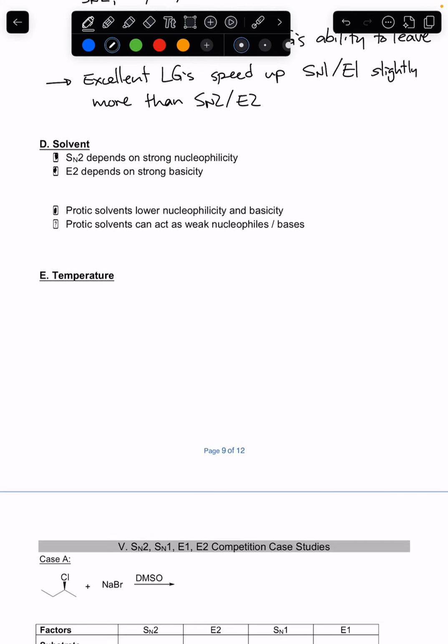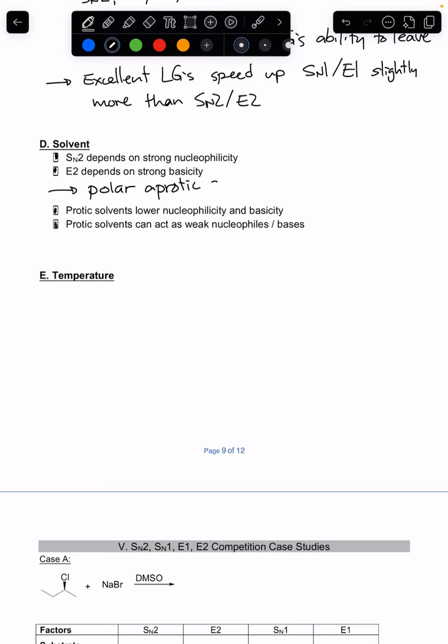There are some solvents that would be good for SN2 and E2, and some that would be good for SN1 and E1. Remember that SN2 really depends on the strong nucleophilicity of the nucleophile, and similarly E2 depends on the strong basicity of the strong base. For that reason, polar aprotic solvents are favored.